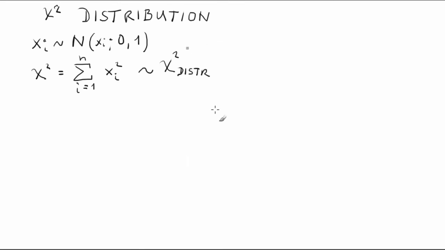Note that the variable and its distribution are both called chi-squared. It can lead to confusion if you don't know about it, but most often it's clear from the context.